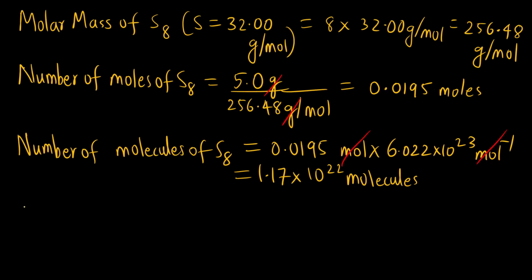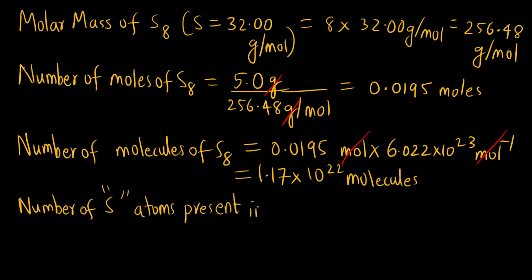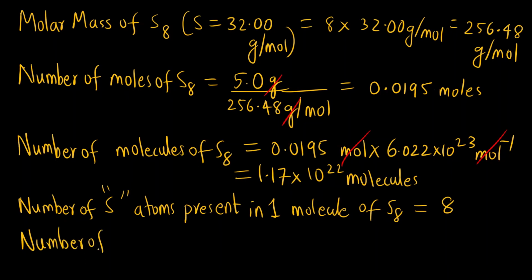Now before finding out the total number of atoms, we have to find out the number of sulfur atoms present in one molecule of S8. You can see in S8 there are how many atoms of sulfur? 8. So now we can find out the total number of sulfur atoms in S8.